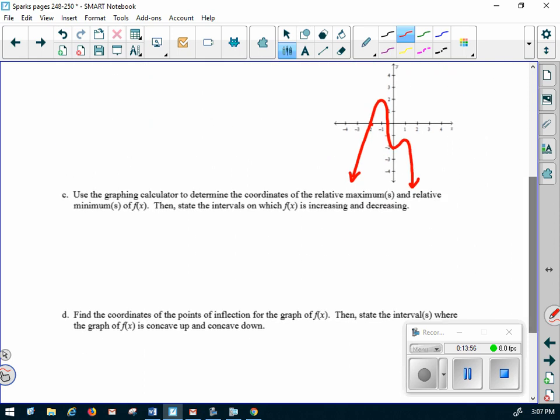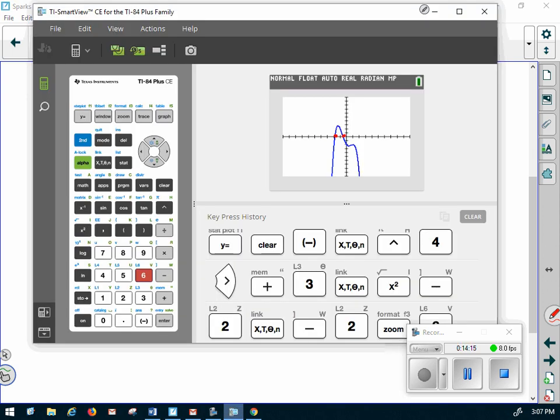Use your graphing calculator to determine the coordinates of the relative maxes and relative mins. Then state on which intervals the graph is increasing and decreasing. So what I need to find is that point, and that point. All right, let's go back to your calculator. We're going to go after this point.